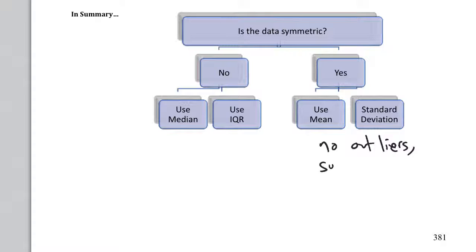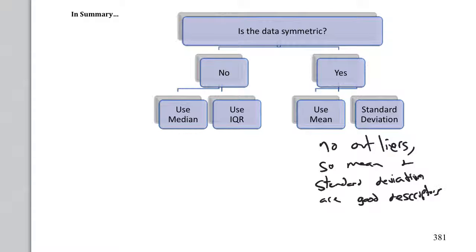So the mean and standard deviation are good descriptors of the center and spread.